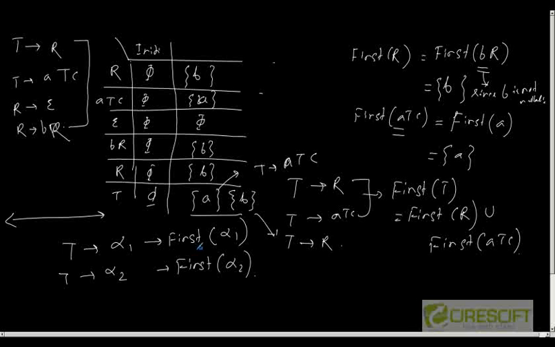If the two different RHS alpha 1 and alpha 2 have disjoint first sets, so in this case first of alpha 1 is A and first of alpha 2 is B. Since they are disjoint, I can always decide based on the next input token. So if it is A, I need to choose the first production. If it is B, then I need to choose the second production.